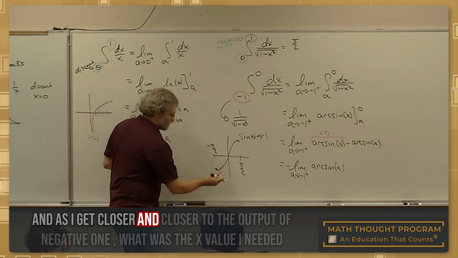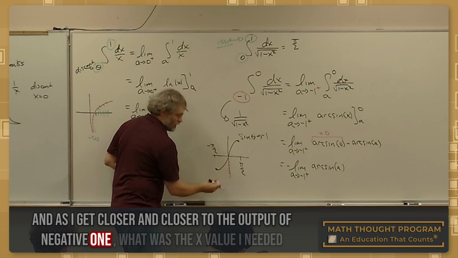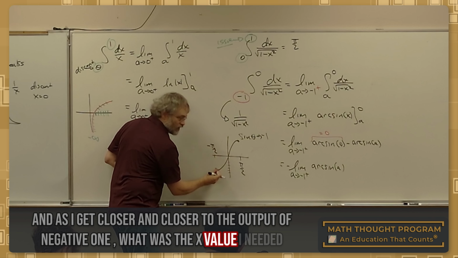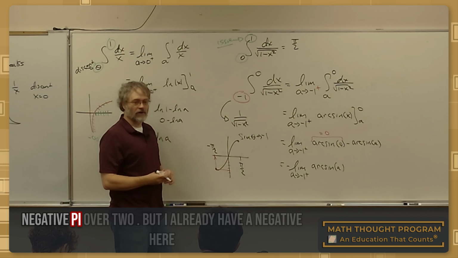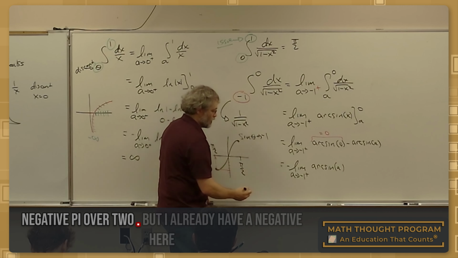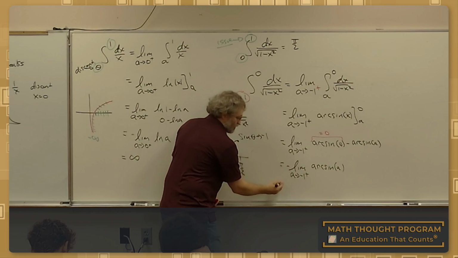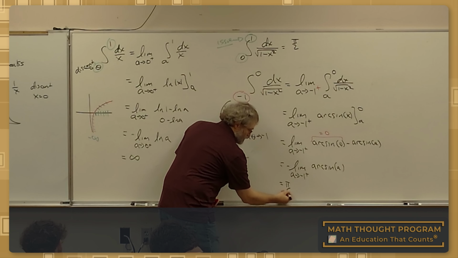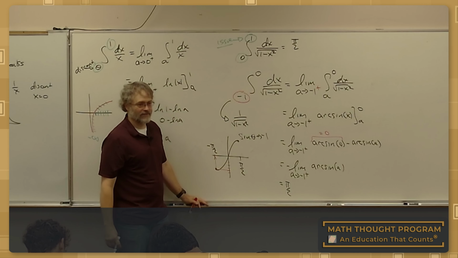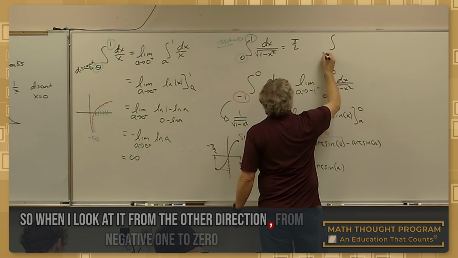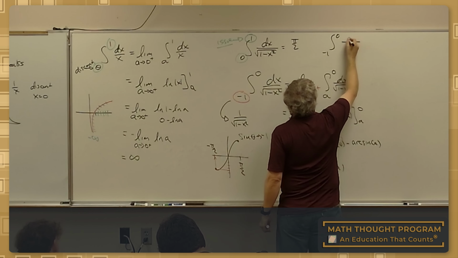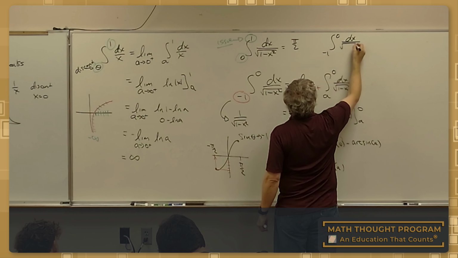And as I get closer and closer to the output of -1, what was the x value I needed? -pi over 2. But I already have a negative here, so I get pi over 2 in the end. So when I look at it from the other direction, from -1 to 0, it still converged.